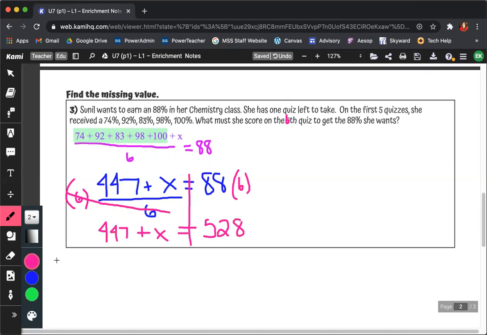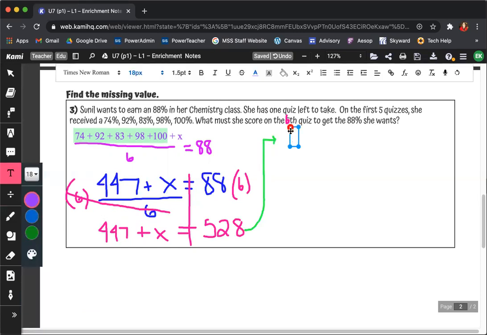So we kind of ran out of room there, so I'm going to rewrite up here. Our equation was 447 plus x equals 528.